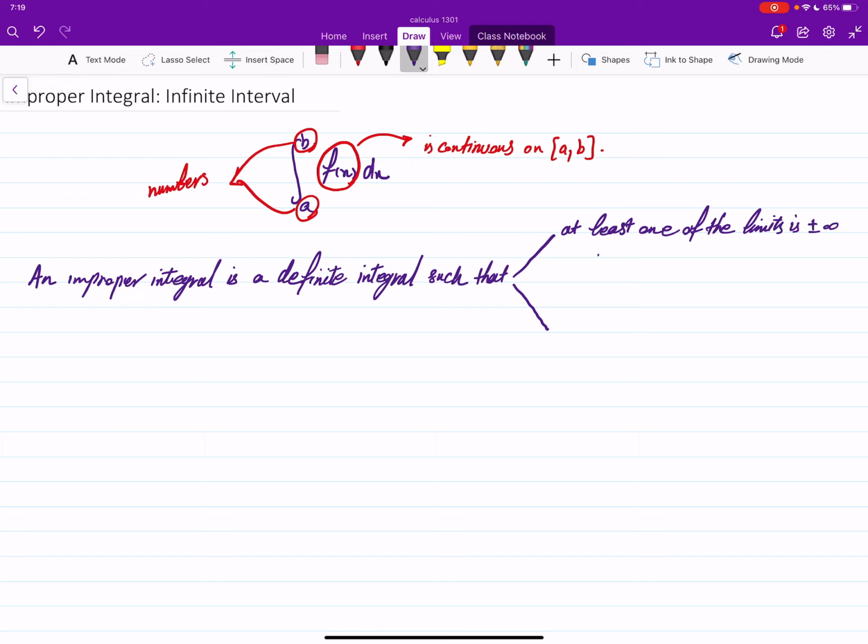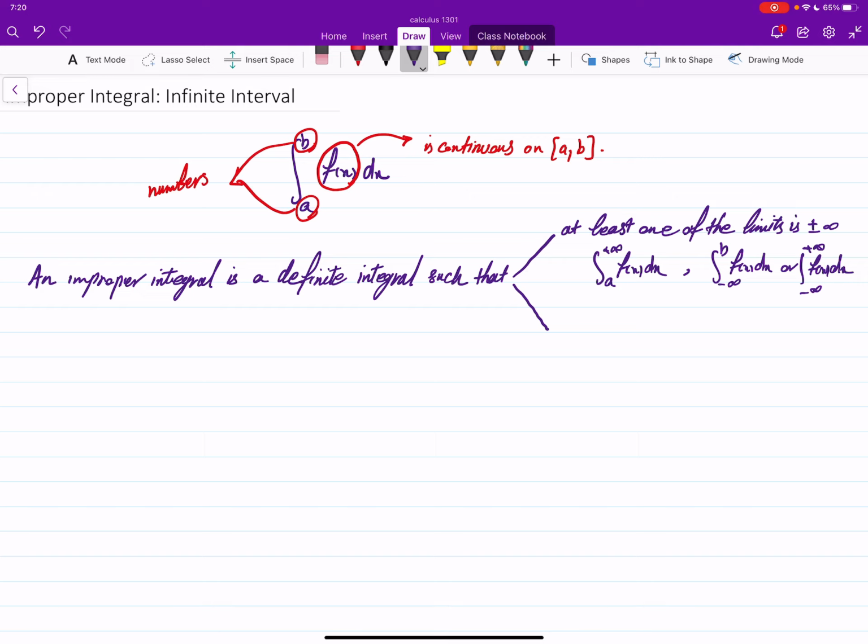So we are talking about the integral from a to plus infinity of f of x dx, or the integral from negative infinity to b of f of x dx, or from negative infinity to plus infinity of f of x dx.